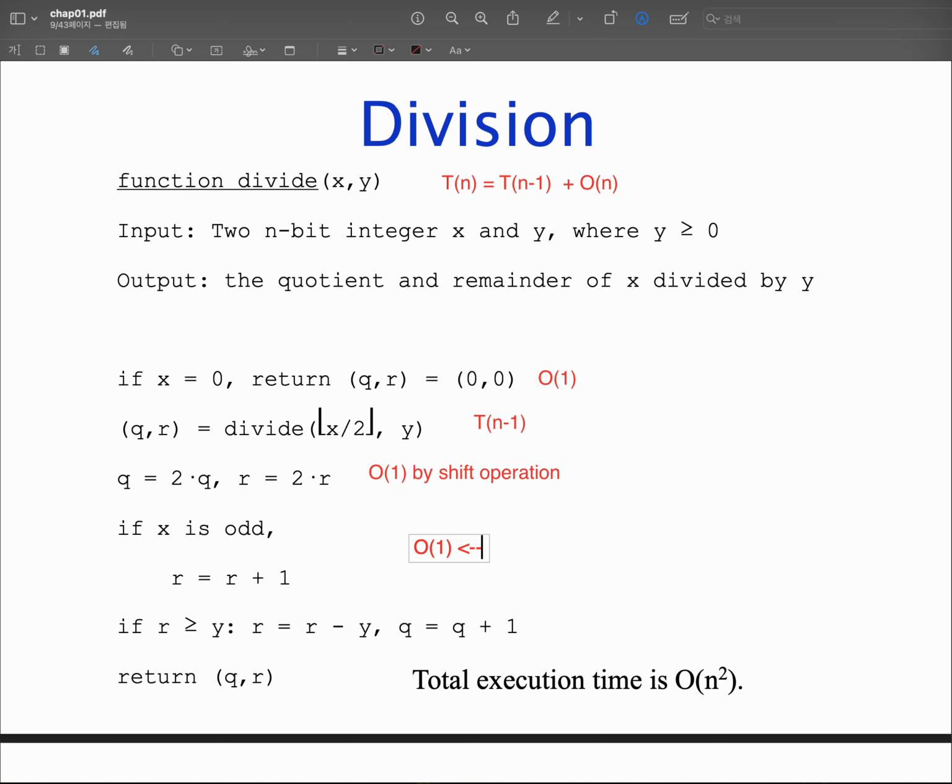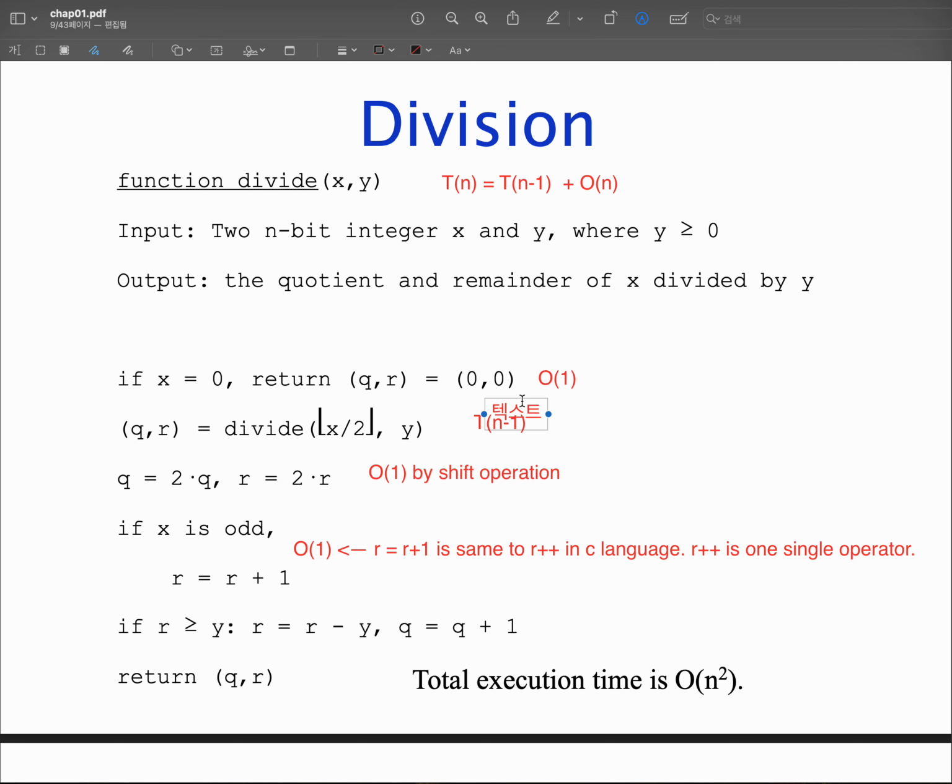The reason is that R equals R plus 1 is the same as R plus plus in C language, and R plus plus is one single operator. So it is calculated in 1. And here it's the same, but there's a minus.